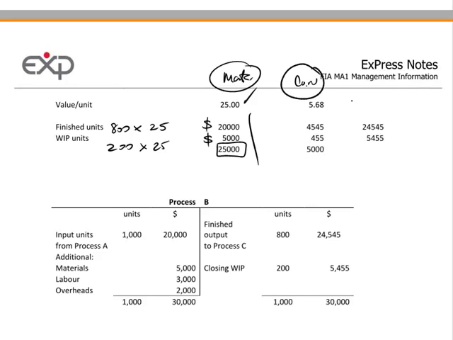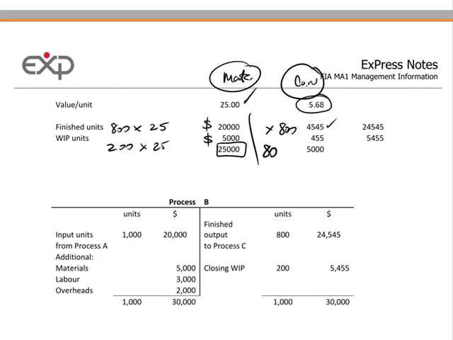When we go to the conversion costs now, we have to operate in the following way. We have to value the finished units by the number of equivalent units, again 800 times $5.68 to get 4,545, and the WIP units, which have in equivalent units terms 80 equivalent units.